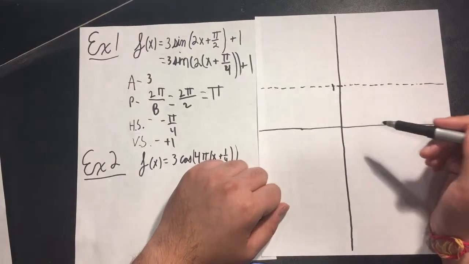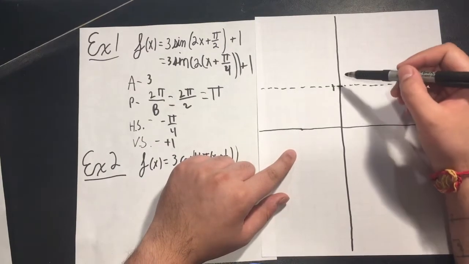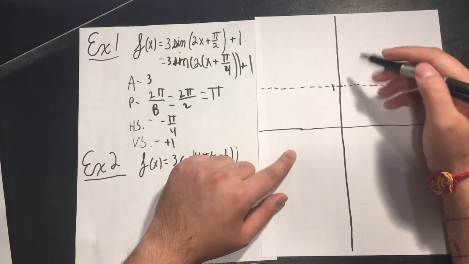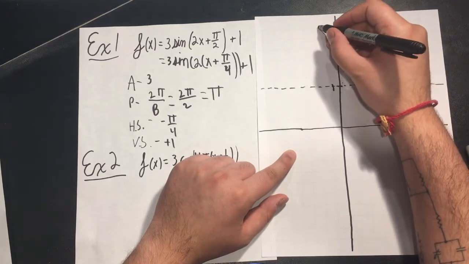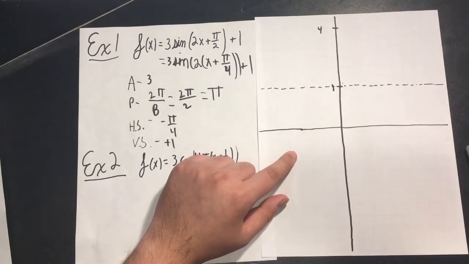Next, let's look at our maximum and minimum. Our amplitude is 3, so our maximum should be 3 away from the midline, 3 up, which is, let's just say it's 4 right here. And this is not drawn to scale.